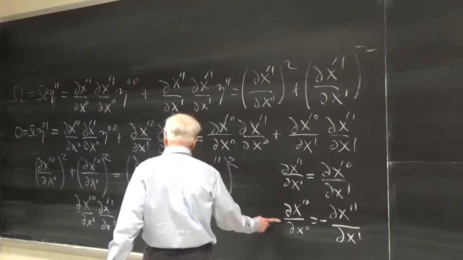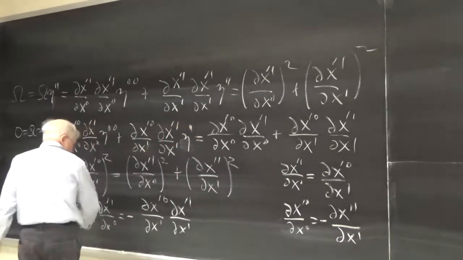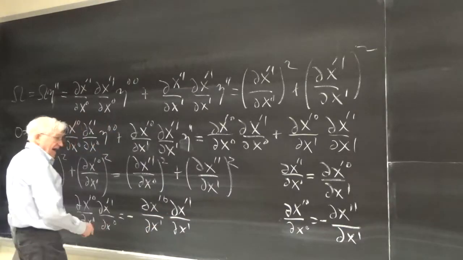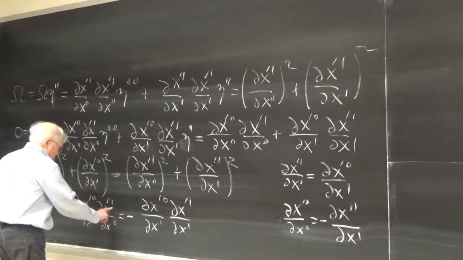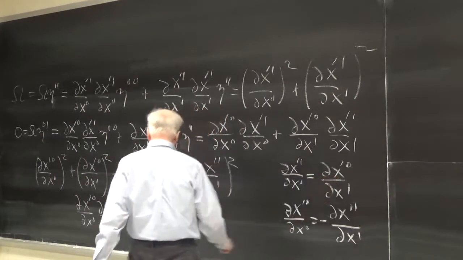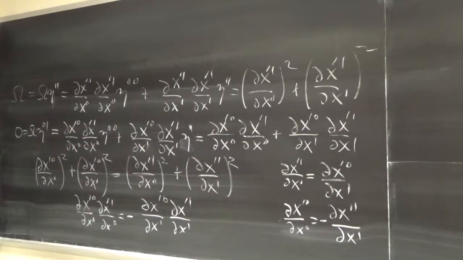Yeah, we use the second equation first. This one turns into that one with the minus sign, and this one turns into that one, which is this one, without the minus sign. So you satisfy the second equation, and similarly, you satisfy the other equations.